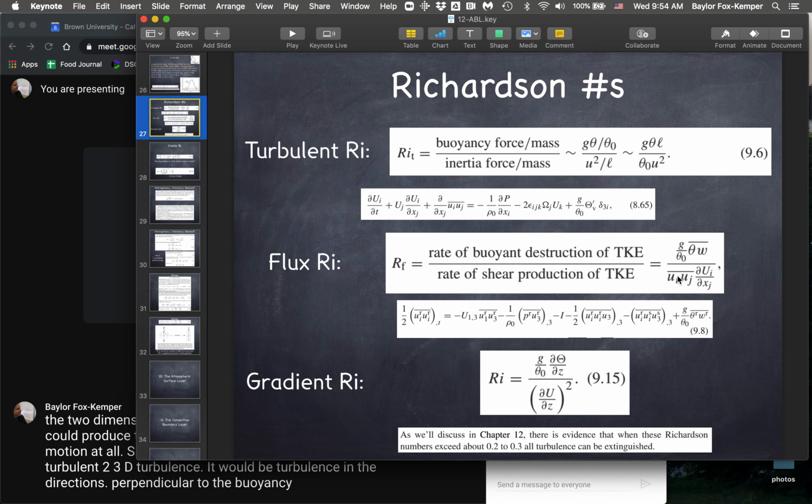So mesoscale turbulence, submesoscale turbulence, geostrophic turbulence tends to be of that flavor. Where you have a large Richardson number, you still have turbulence, but the turbulence is drawing its energy from a different mechanism than what it does in a 3D turbulence setting, where you have to work against the buoyancy destruction in order to preserve isotropic turbulence in the face of stable stratification.